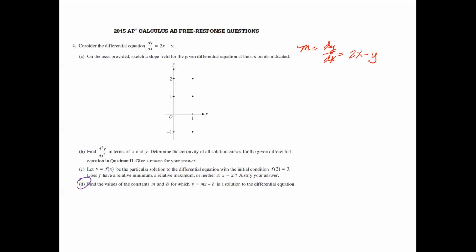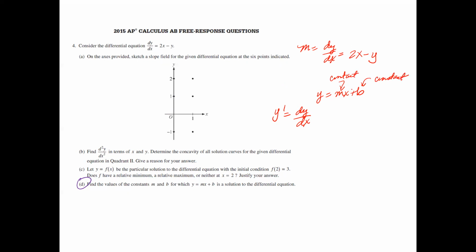So that's the first part. In addition to that, it's also given to you that y equals mx plus b, okay? Well, if I were to find the first derivative of y, that's y prime, which is equal to dy over dx. Well, m, as you guys know, is a constant. b is also a constant.